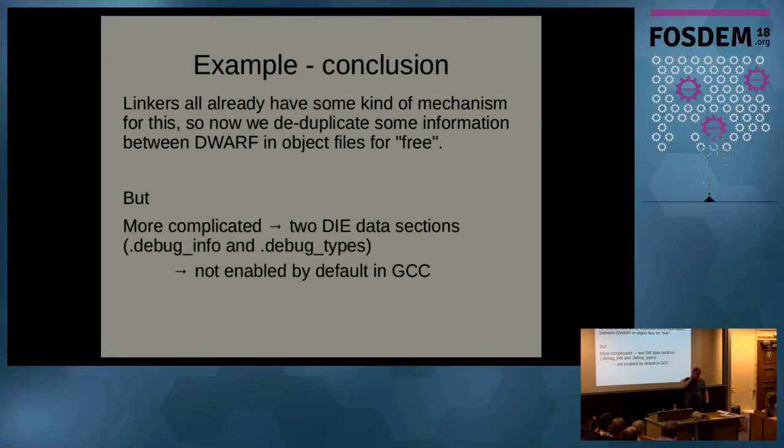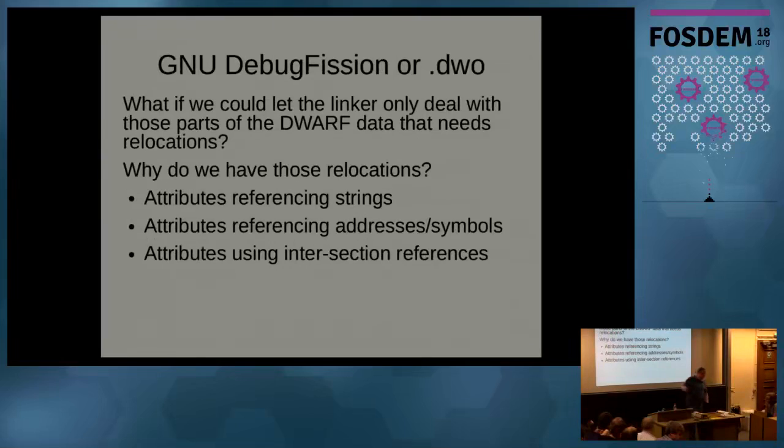So that's actually simpler, but they also added more complexity. So it's still very large, and if you look in the example, you see lots of relocations, references to other data sections, and the linker actually has to deal with all that.